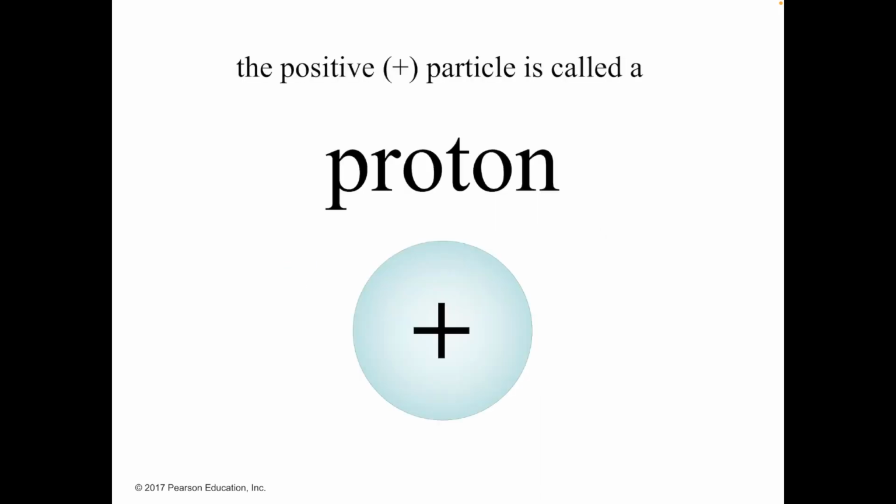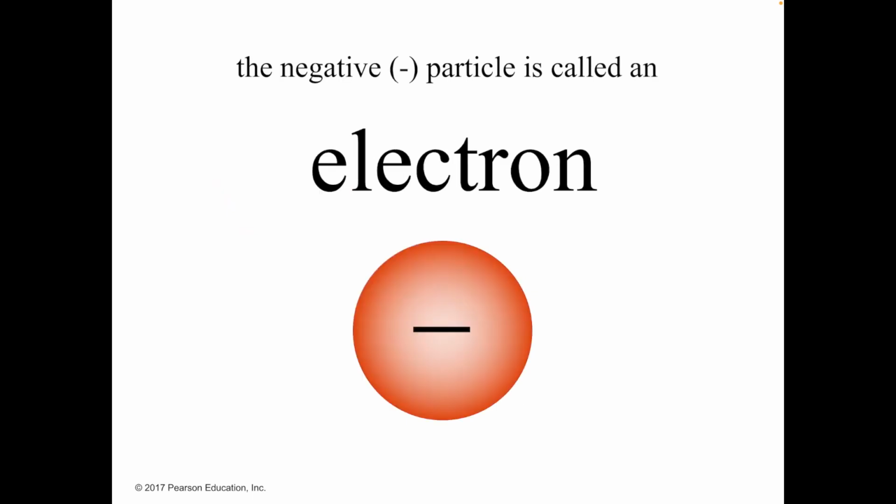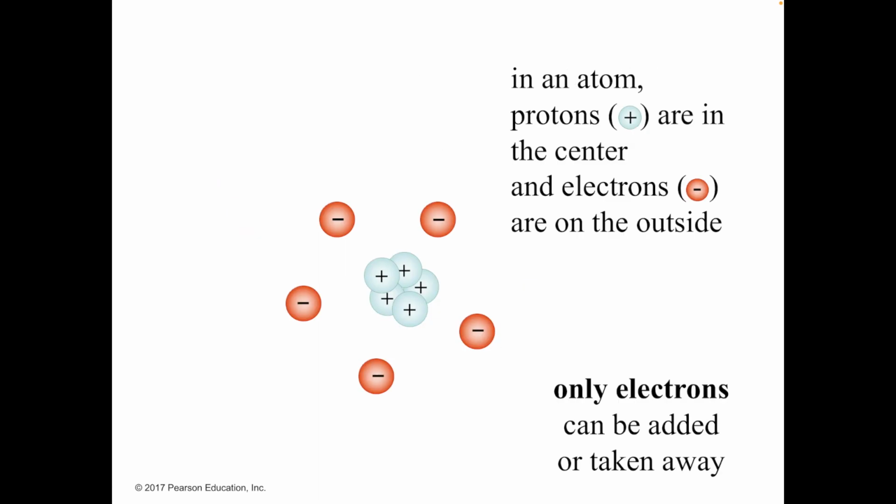We know that a positively charged particle is called a proton, and the negatively charged particle is called an electron. In an atom, we know the protons are in the center, along with the neutrons, and the electrons are on the outside. I'm going to leave off the neutrons for now, just to make these images a little bit clearer.